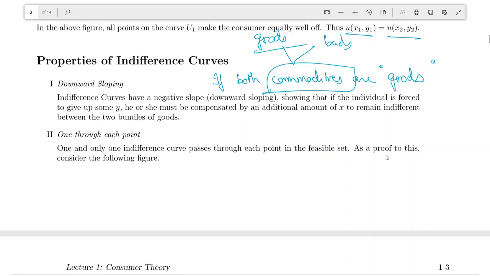Depending on the person, a particular commodity might be a good or a bad. But generally we consider all commodities to be goods, though in certain situations we will not. So when we consider all commodities to be goods, we say that the indifference curves have to be downward sloping.